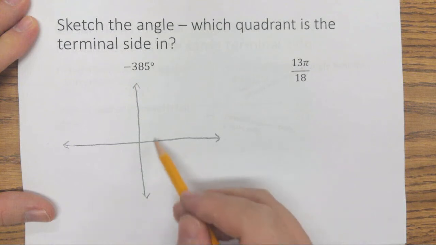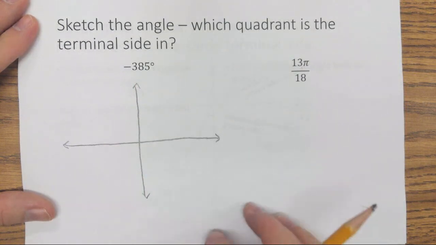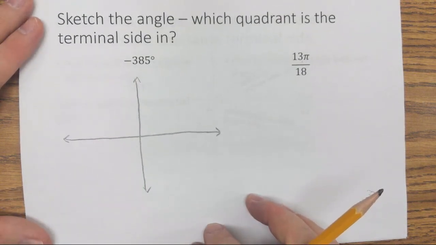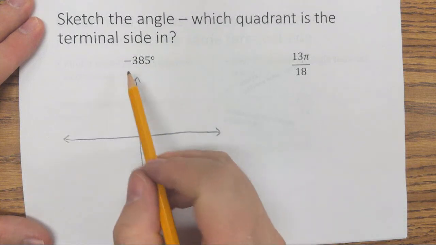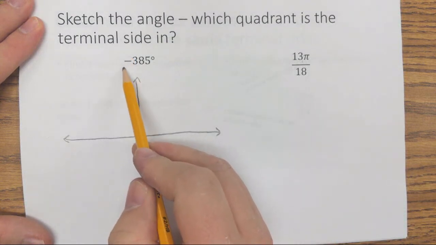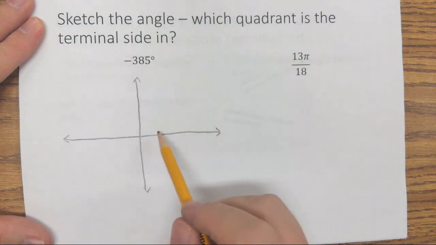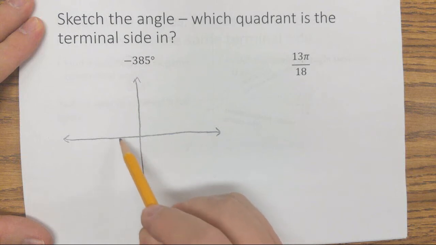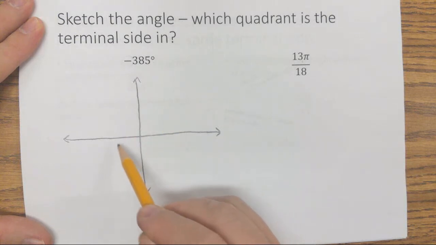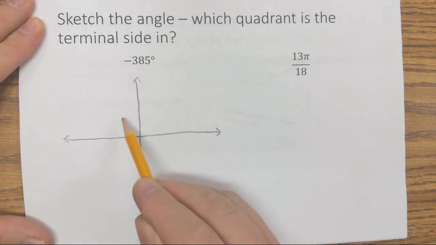You don't have to put any tick marks on there because we're just talking about the angles. The first thing I notice here is that this is negative, which, remember, means the negative direction is clockwise, so we're going to be moving around in a clockwise rotation.